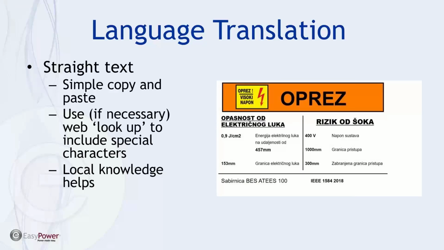Okay, so the first thing I want to do is just kind of touch on the fact that language translation can be done very simply just by replacing the text in the template with the translation or the text that you want to have in its place. And this can be done as simple as a copy and paste from a web translation page, which is what those of us that aren't multilingual may need to do.